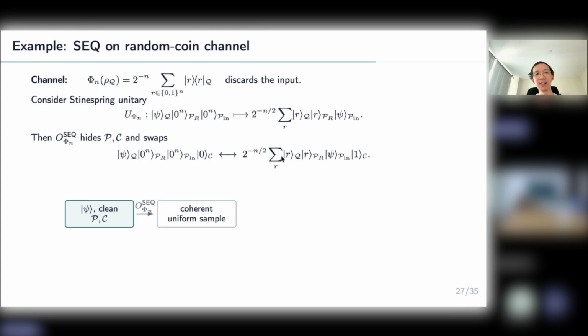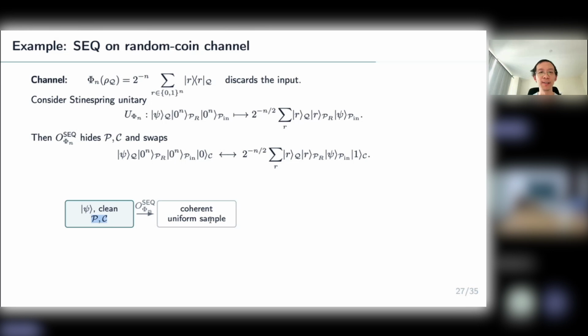Okay, so now let's see what happens if we try to use this interface as a user. We start with some state that we would like to query to the interface, and the P register and the C register are initialized to 0, which we don't control.